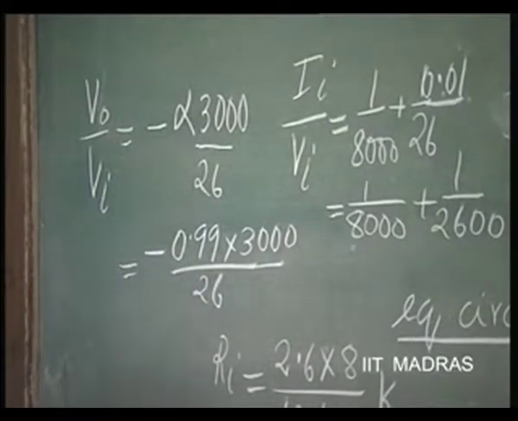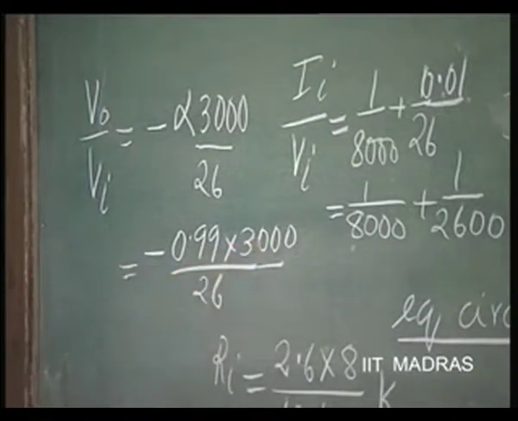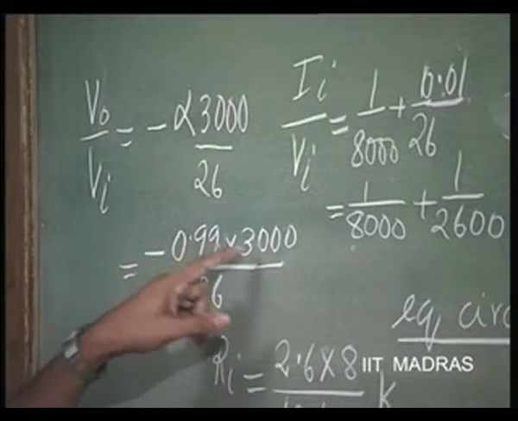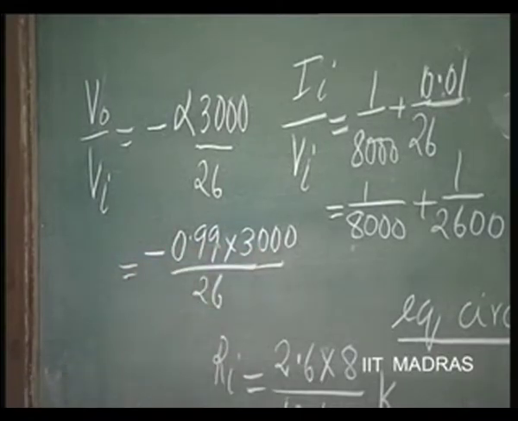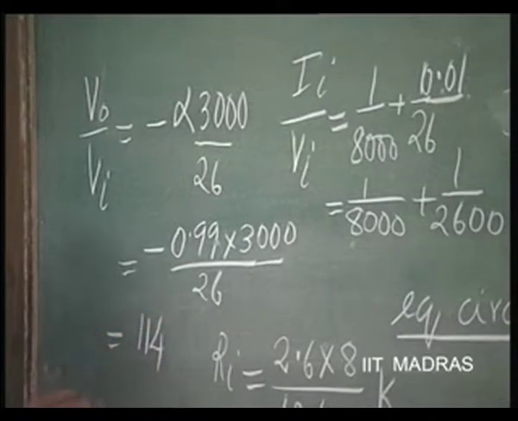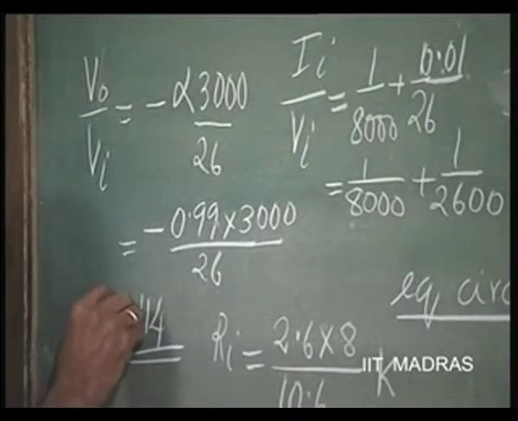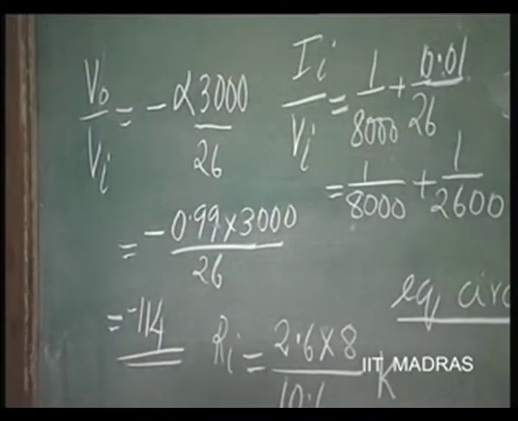This is roughly, please calculate this, about 120. How much is it? 0.99 into 3000 by 26. 114. Okay, 114 minus. So that is the voltage gain.